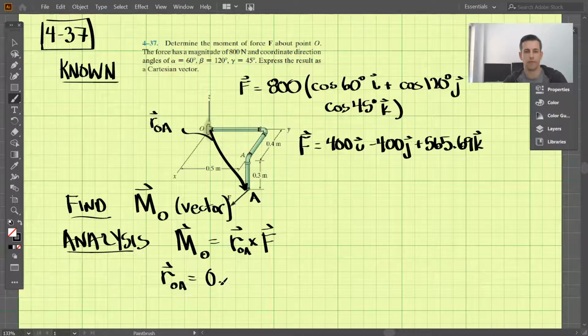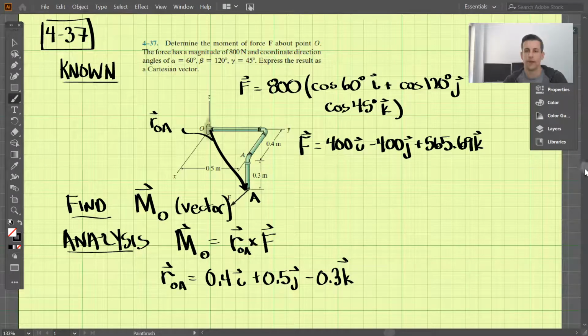So it's 0.4 I. And in the Y direction, from O to A, that is 0.5 J. And lastly, in the K direction, or the Z direction, from O to A, we move downwards 0.3 meters. That's negative 0.3 K.